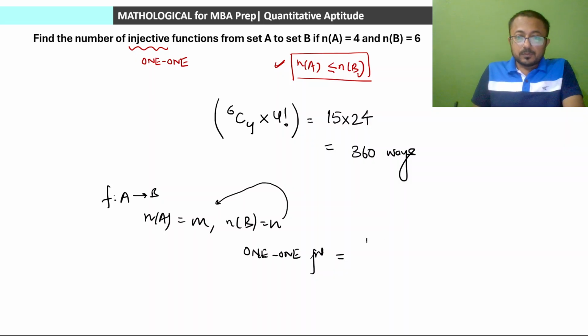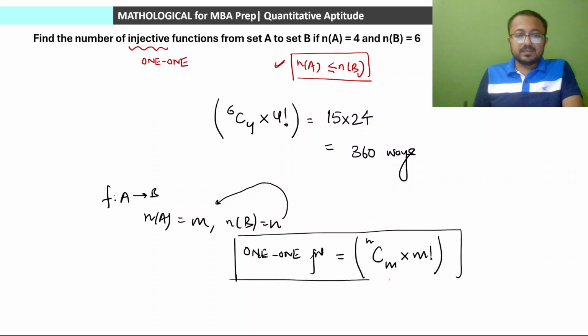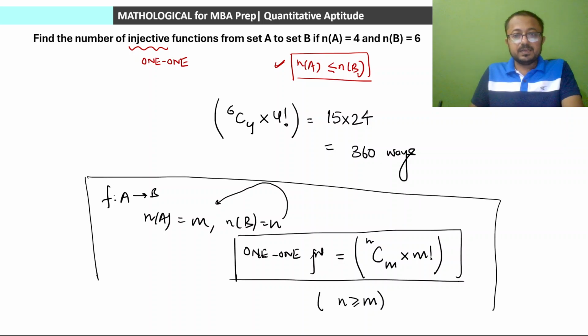So nCm multiplied by m factorial, this will be our answer. But this is subject to the condition that n must always be greater than or equal to m.